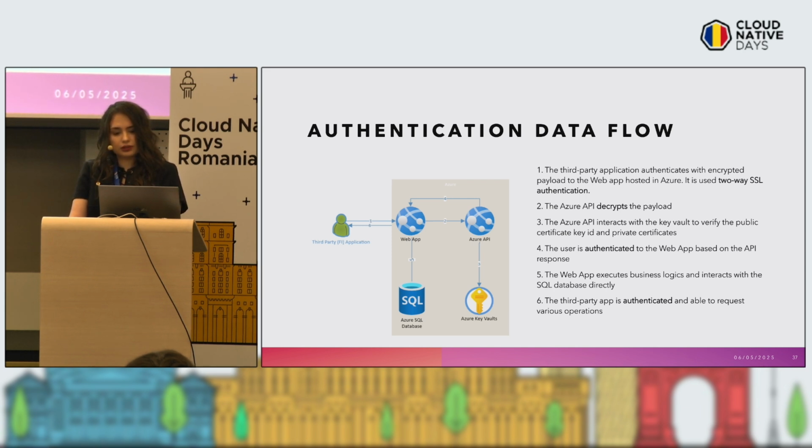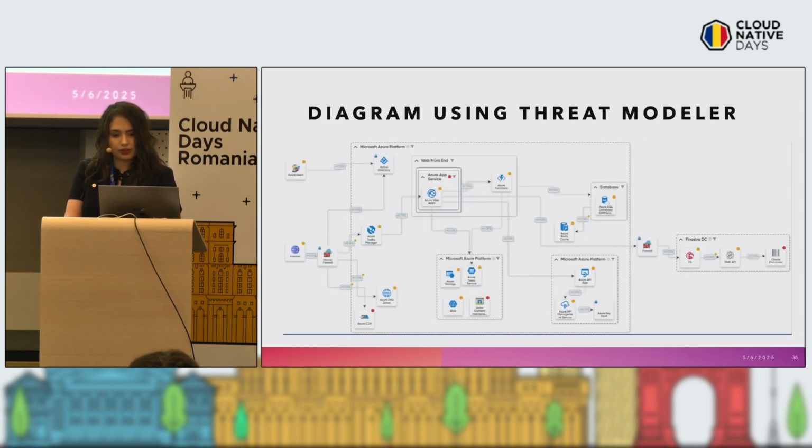After the response is valid, the user is authenticated, and the web app executes logic and interacts with the SQL database. Then the third-party app is authenticated and able to request various operations.